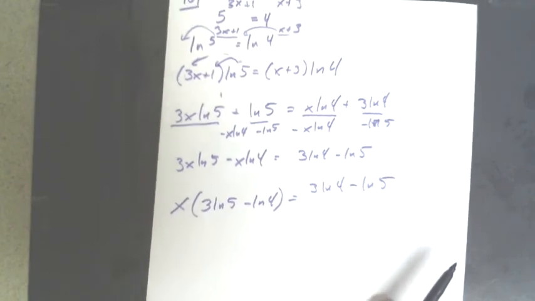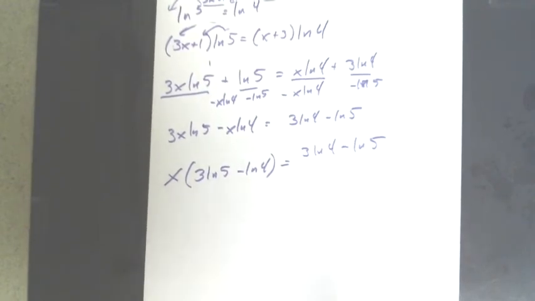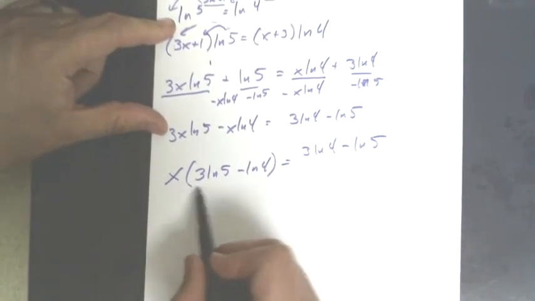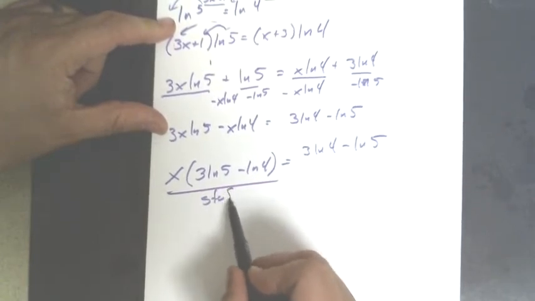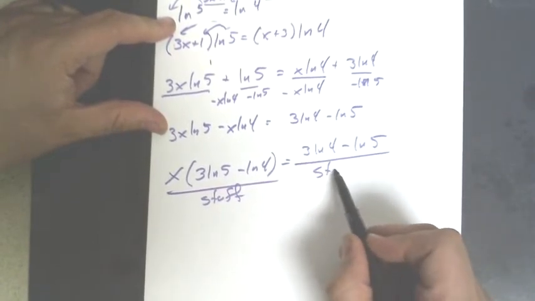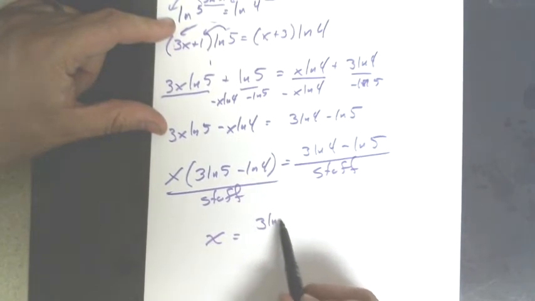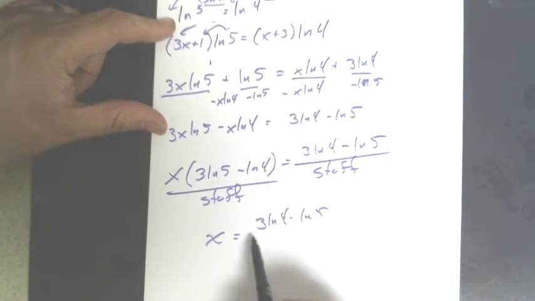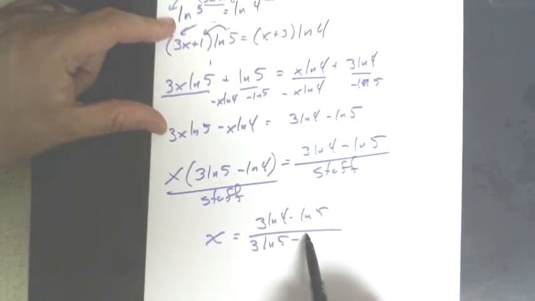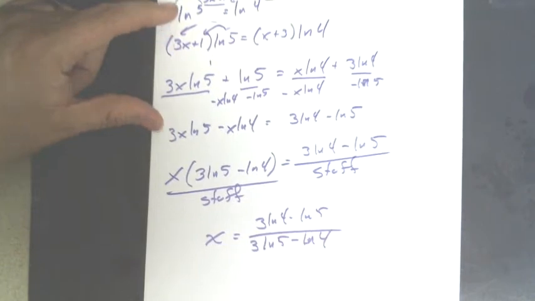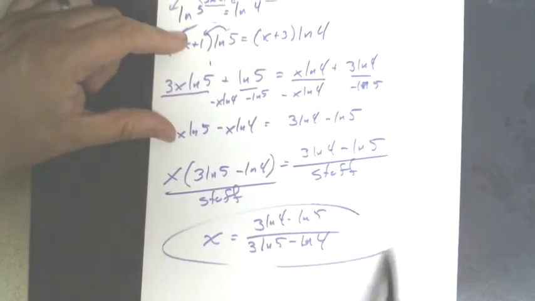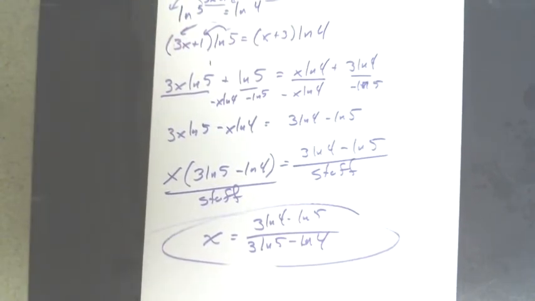When you don't have like terms that you can collect, you need to be able to factor out that variable. The nice thing is, once you do, you can just divide off all that stuff. Get x equals 3 natural log of 4 minus natural log of 5 over 3 natural log of 5 minus natural log of 4. And again, that's an exact answer.